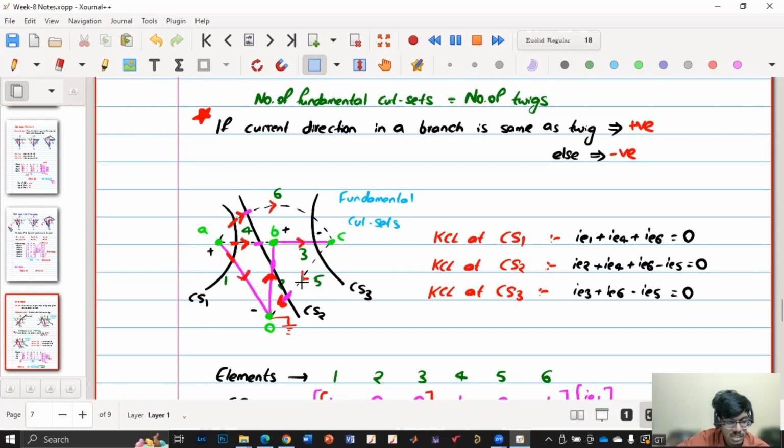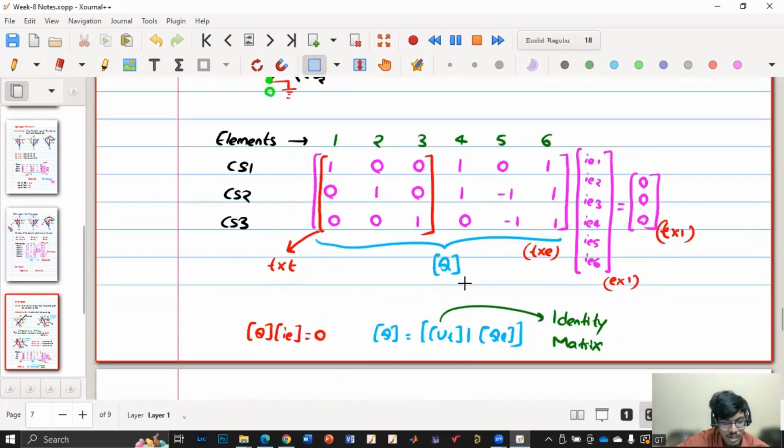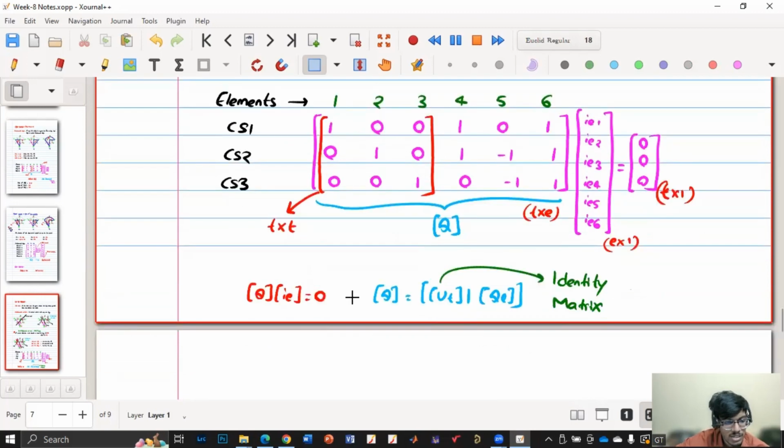So convention at CS1, if you see, consider the left side, all are entering. So as twig current should be positive, all will be positive. If you consider this cut set 2 and the left side, only 3 are entering, 1 is leaving. So the convention is twig, this is positive, so these 3 are positive, this is negative. Similarly, cut set 3. Then we got this Q matrix, and the equation is Q matrix into element currents is 0.